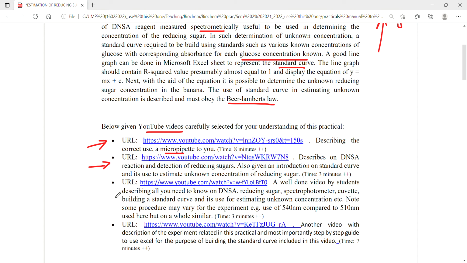Whenever there is a reducing sugar with an exposed carbonyl group, it will react with this DNS reagent, and therefore can be measured using a spectrophotometer, and hence it becomes quantitative instead of qualitative. So please watch this video.